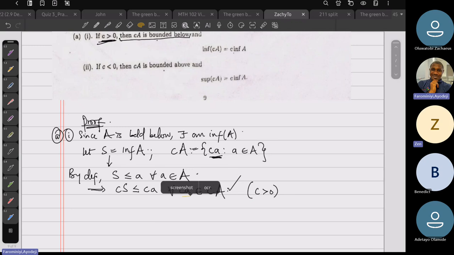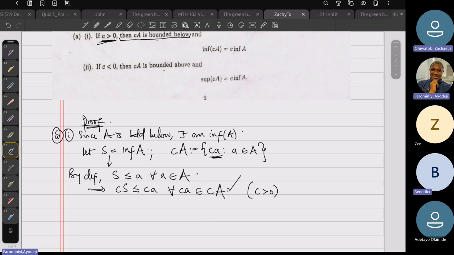So what does that mean? What does that tell you about CS?